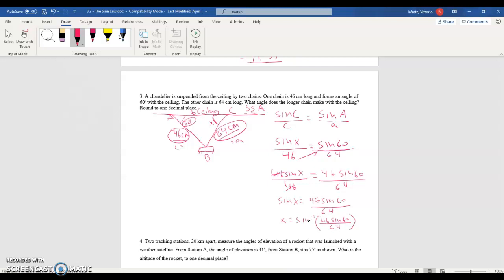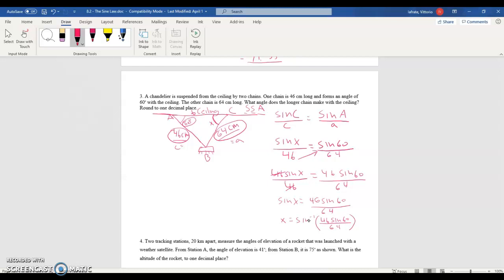And so if I do sine 60 equals, divided by 64 equals, times 46 equals, I get 0.622455759. I'm going to leave that in my calculator. I'm going to push second function, or you might have a different button for that, like the orange button.